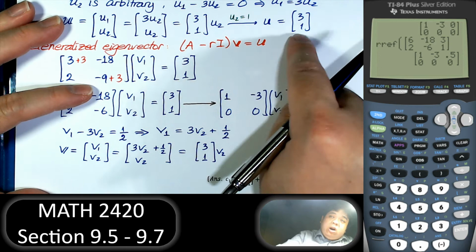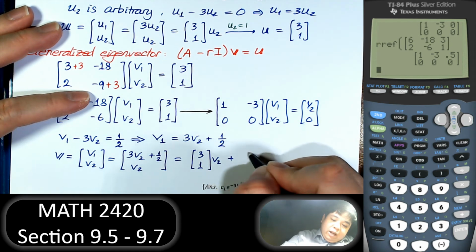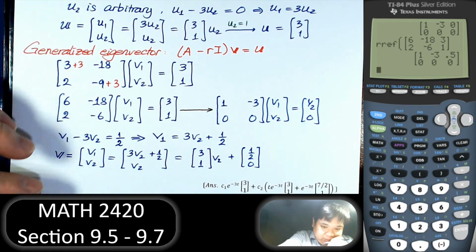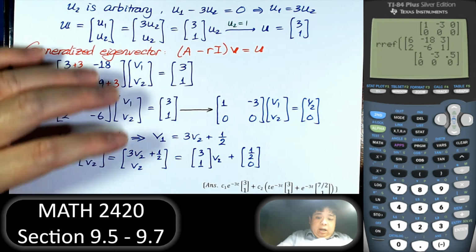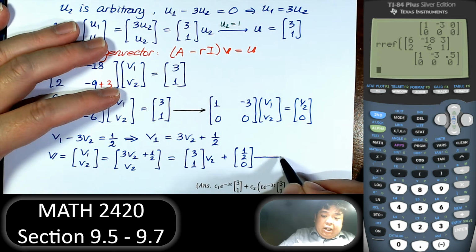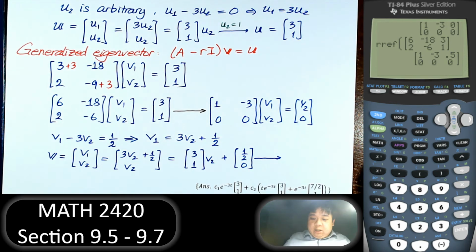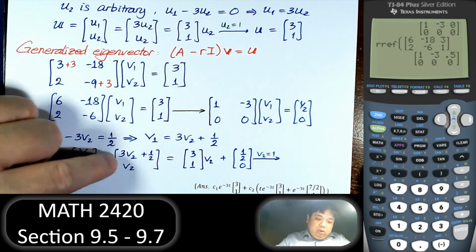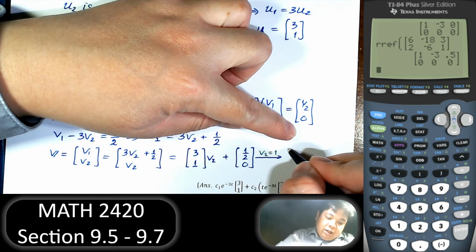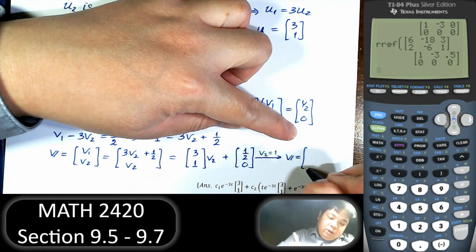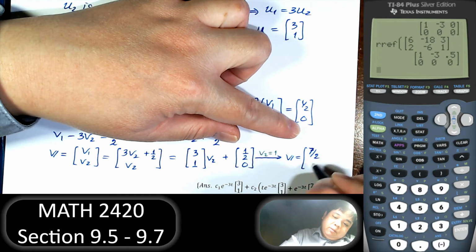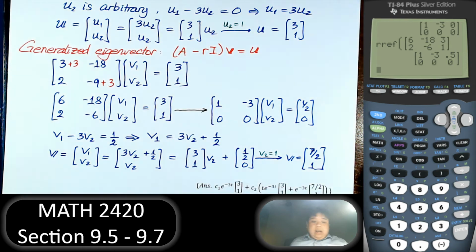Of course, that 3 and 1 is that, and then plus 1/2 and 0. So if we choose v2 to be anything, here I choose v2 to be 1, we have v equal to 3 plus 1/2, 7/2, and v2 is 1. And finally, we can write the solution.